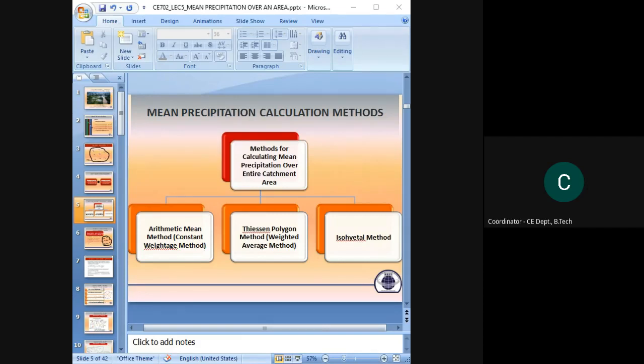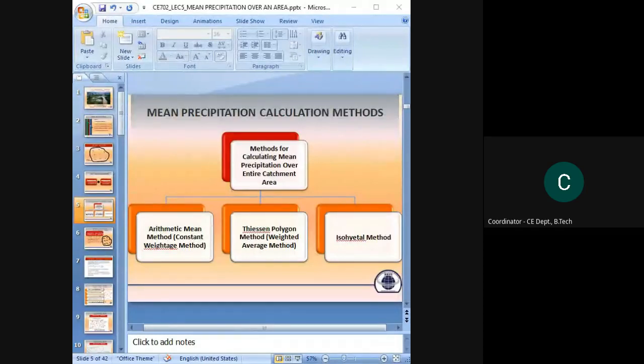Now how will we divide it? We will divide it by constructing some polygons. Polygons mean shapes with more than 2 lines. For one rain gauge station, this is the polygon area. For the second station, this area is the second polygon area.